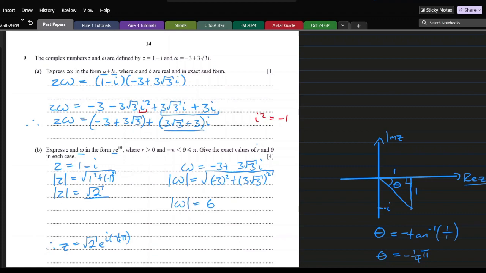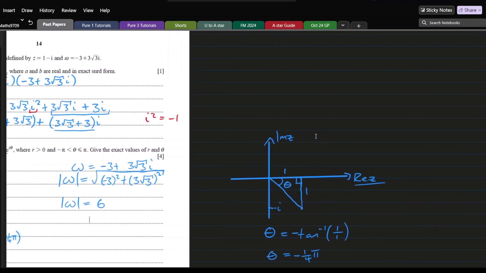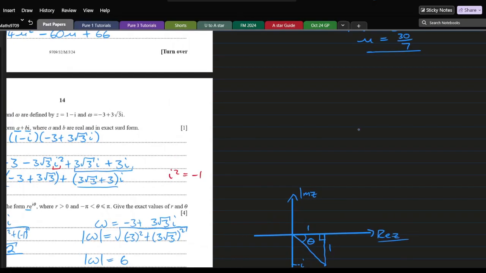Alright, and now we need to find the argument for omega. Again, let's sketch our problem. So we've got our complex plane here. This here is the real axis, and this here is our imaginary axis.